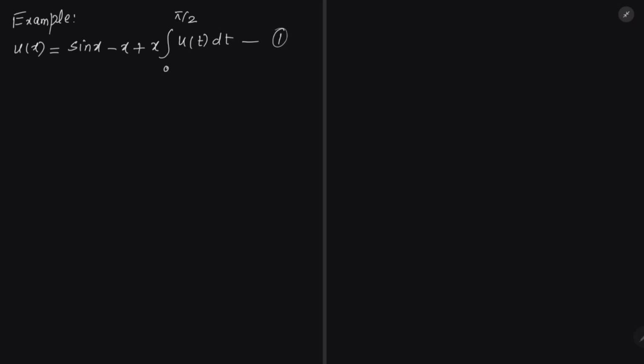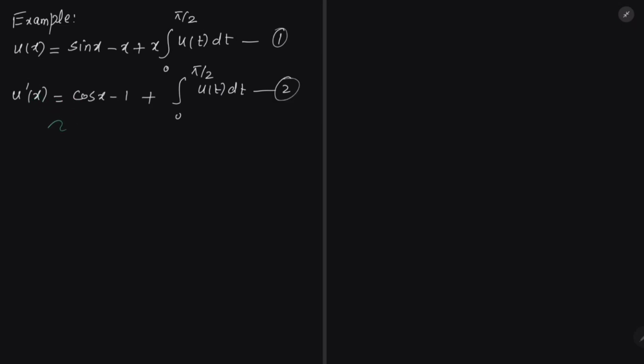This is equation number 1. We differentiate to get the integro-differential equation. u'(x) is equal to cos of x minus 1 plus the integral from 0 to pi by 2 of u(t) dt. This is equation number 2.